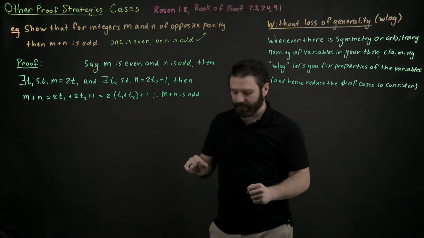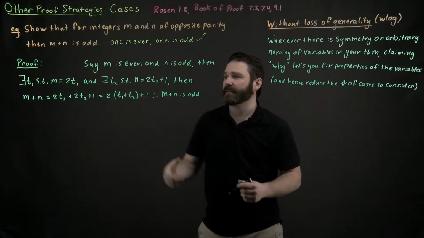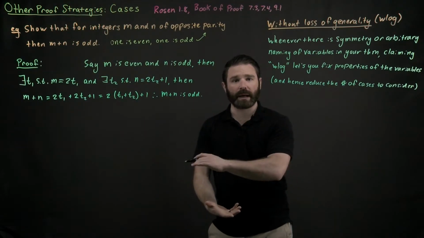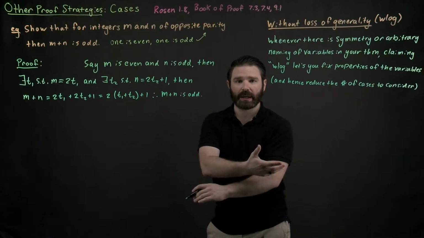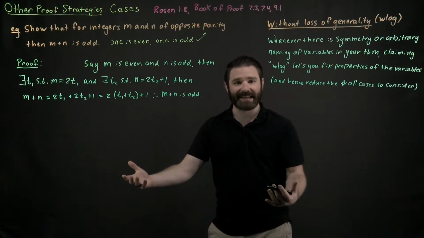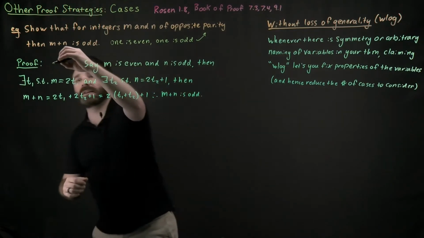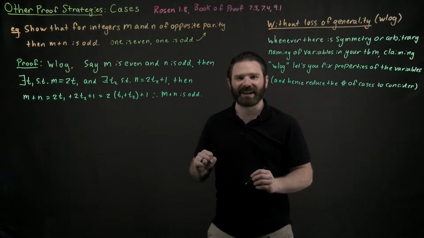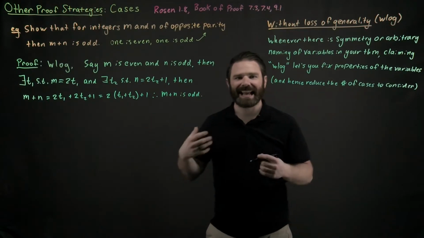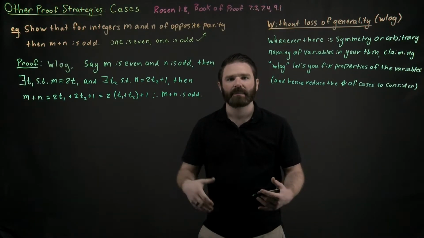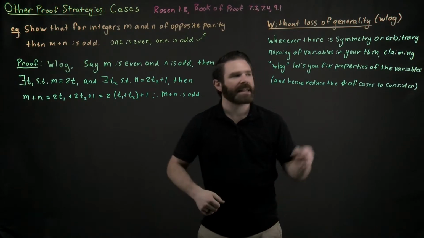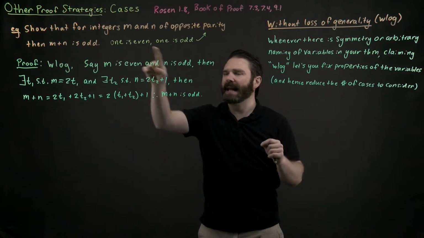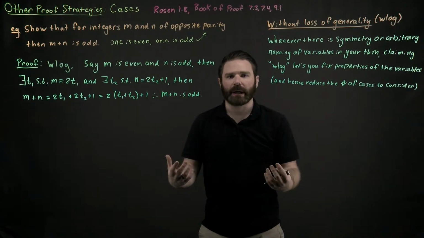And I've completely eliminated that because instead of considering two different cases, one where m is even and n is odd, and the other case where m is odd and n is even, I can just say, without loss of generality, say m is even and n is odd. Because it's understood that the names m and n here are arbitrary.